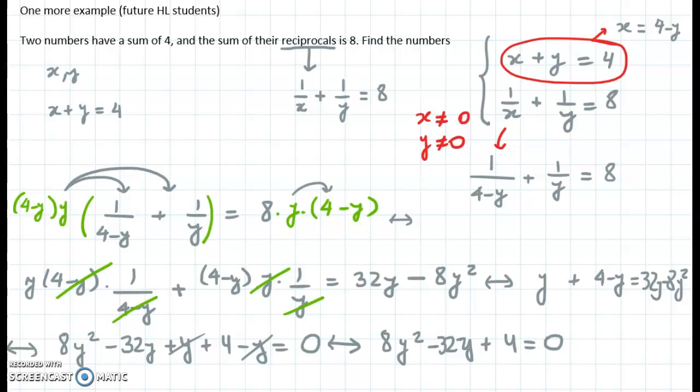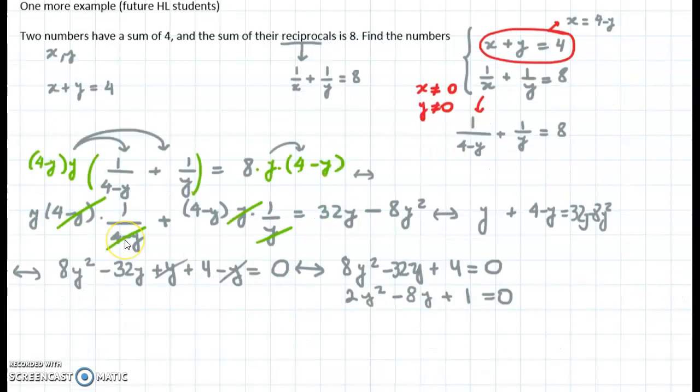I'm going to do one more step before we apply the quadratic formula. And this is going to be to divide everything in our equation by 4, because 4 is a common factor of all the terms. So we are going to be left with 2y squared minus 8y plus 1 is equal to 0.